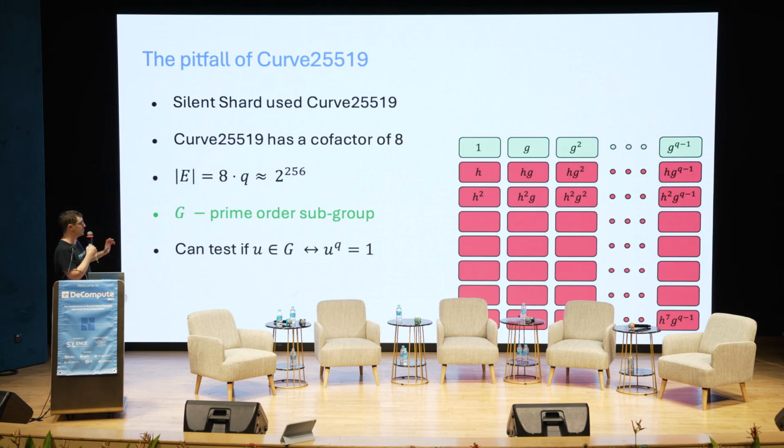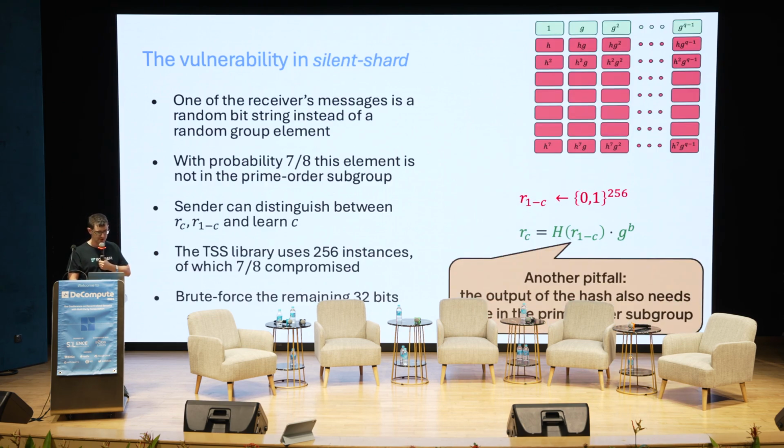What this means is that there's a large prime order subgroup of size about 2 to the 56, and then there are 7 more cosets of this group, basically as a result of this smaller subgroup. And so you can always test whether your element falls into the large prime order subgroup just by exponentiating to the power of q. And the fact that there is this small subgroup is a known source of vulnerabilities.